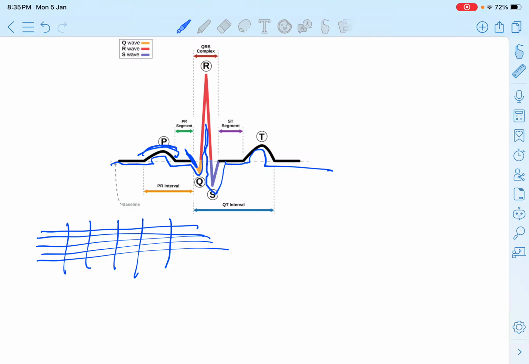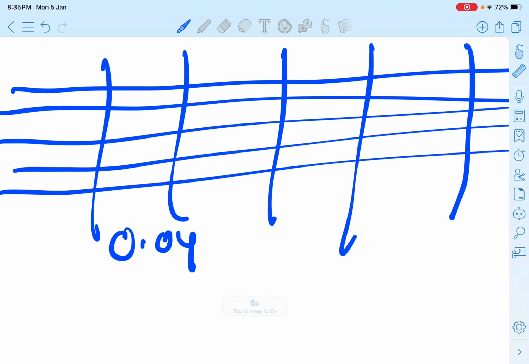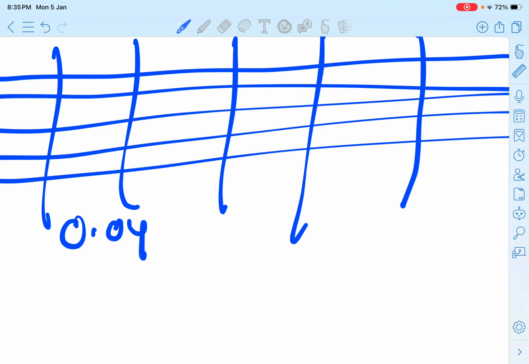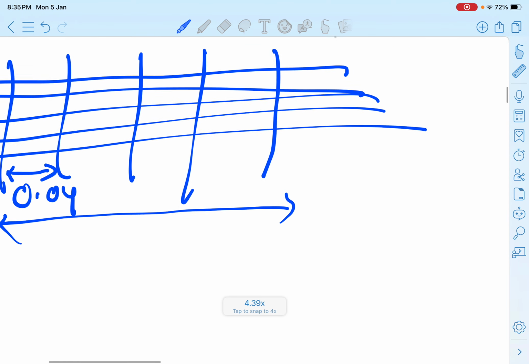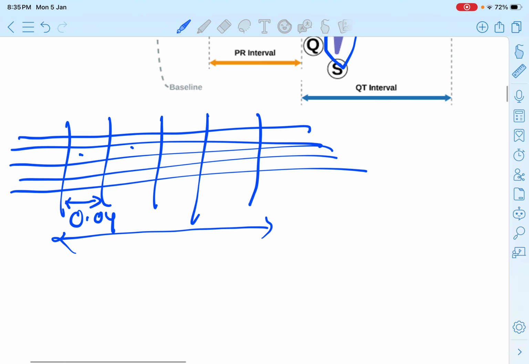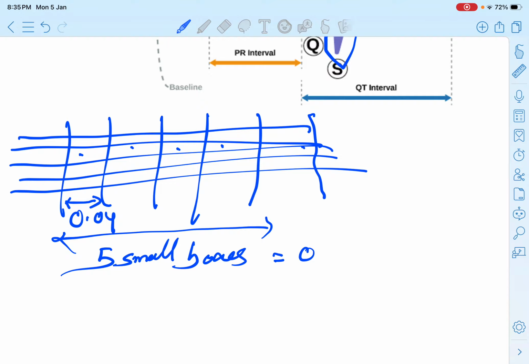Here we will see the distance is 0.04. I am zooming this. This is the part. Okay, and from this to this, that is 5 boxes, 1 2 3 4 and the last one, that is 5 small boxes. That is 0.20, multiple of 0.04.